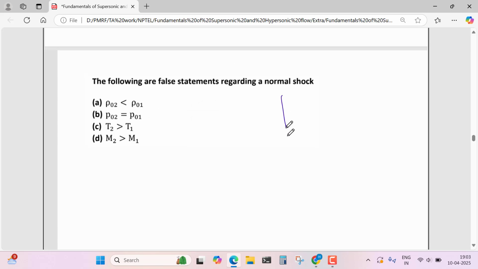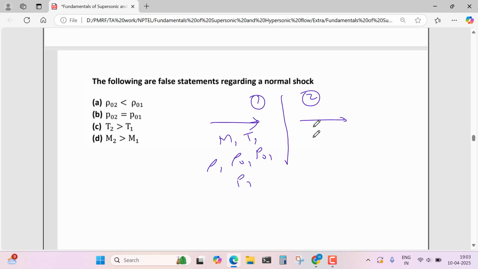So let's see the normal shock. This is the upstream flow, which is given by 1, and this is the downstream flow, which is given by 2. Their properties are M1, T1, rho 1, rho naught 1, P naught 1, P1, and in the downstream it is M2, T2, rho 2, rho naught 2, P naught 2, P2.